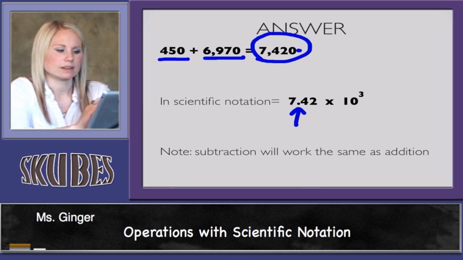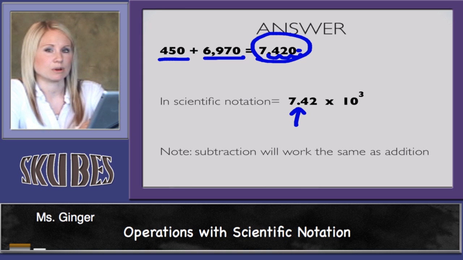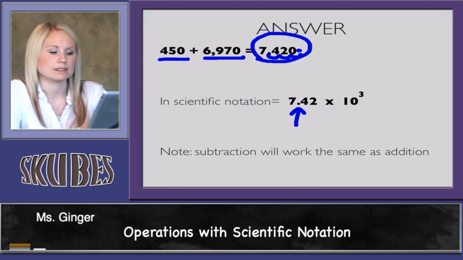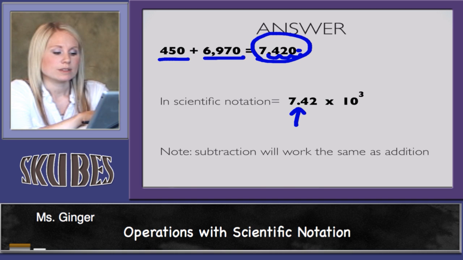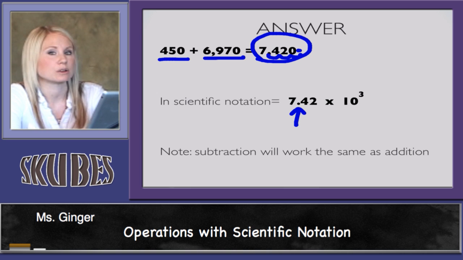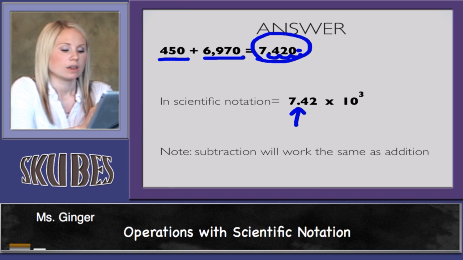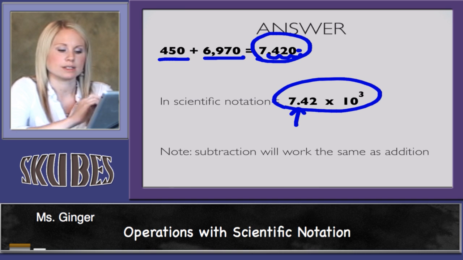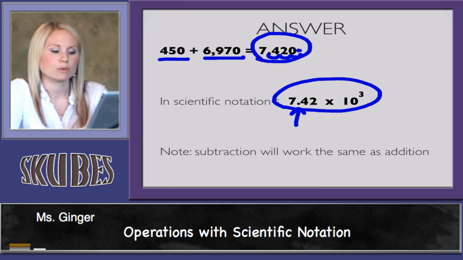How many spaces is that? Let's count. So if we have put it after the 7, and it was after that 0 up here at the top, that's 3 spaces. We would need to move this decimal 3 spaces to the right to arrive at that 7,420 number. So that's why my power on 10 is going to be 3. So here is my answer in scientific notation. 7.42 times 10 to the third.